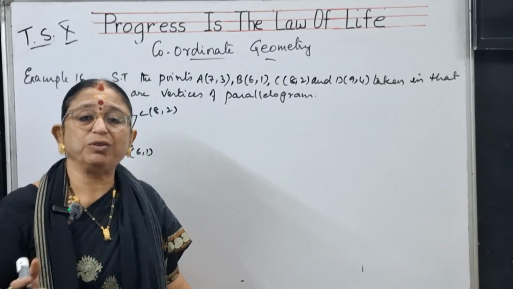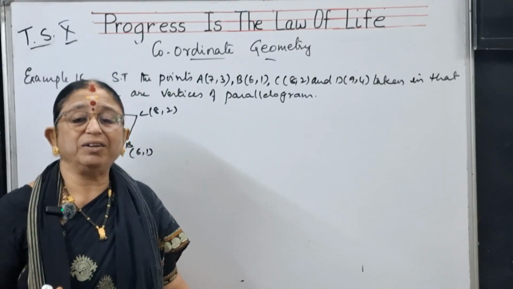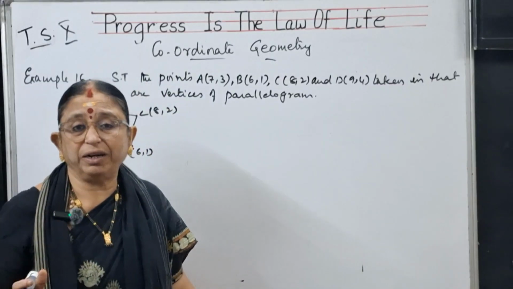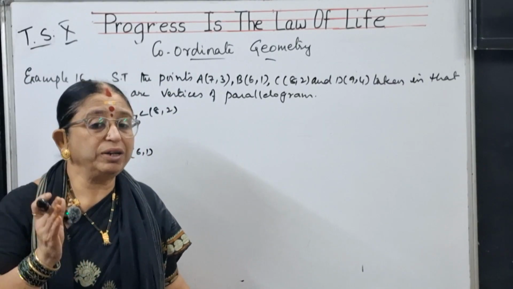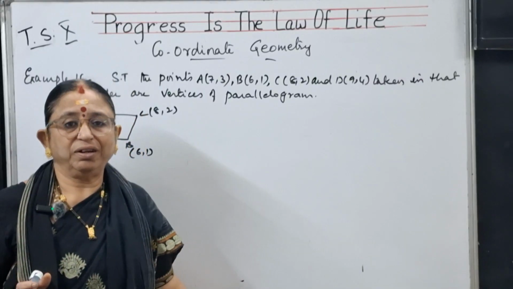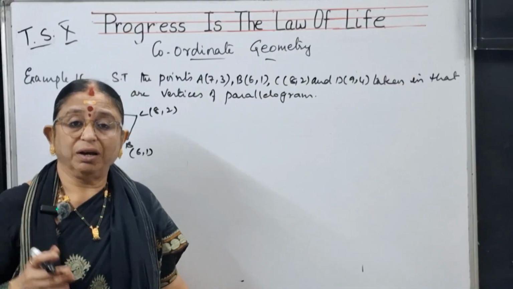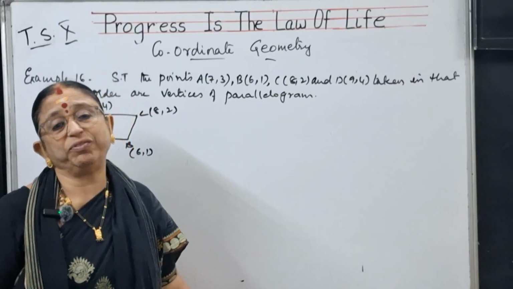But after coming to know about the section formula and mid values, it's very convenient to use another property of a parallelogram. What is that property? Diagonals bisect each other. We have already learned the properties of the parallelogram, square, trapezium, rectangle, everything in the previous class.